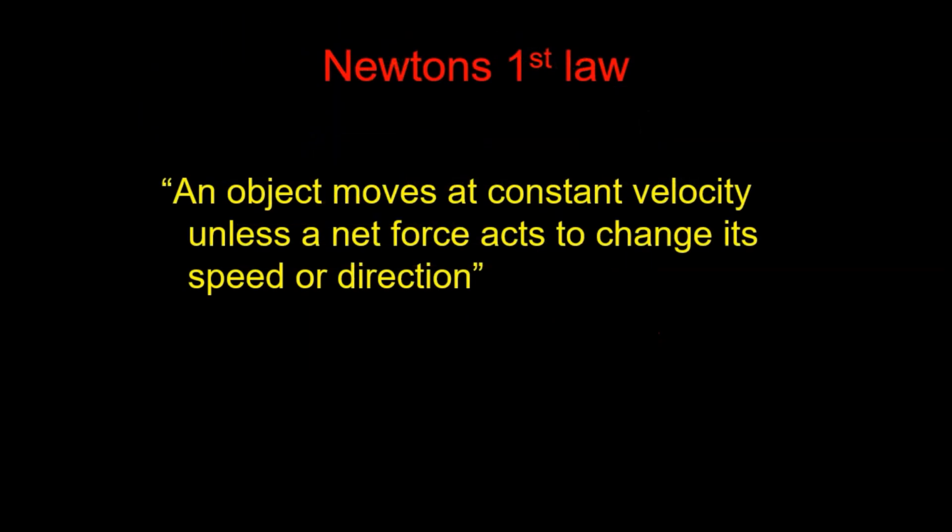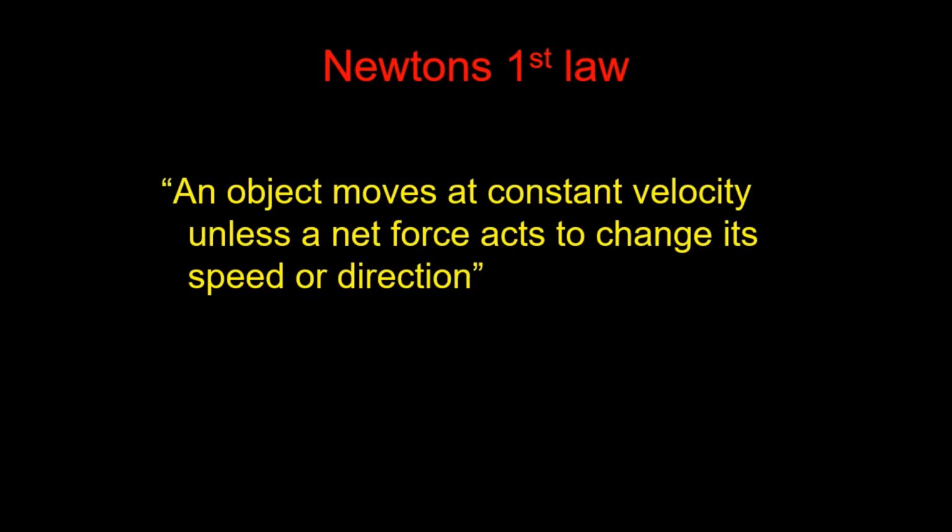So let's take a look at Newton's actual laws of motion. We looked at Newton's gravitational law. Now let's compare this to the laws of motion. The first law, of course, made the statement that an object at constant velocity continues to move at constant velocity unless a net force acts to change its speed or direction.